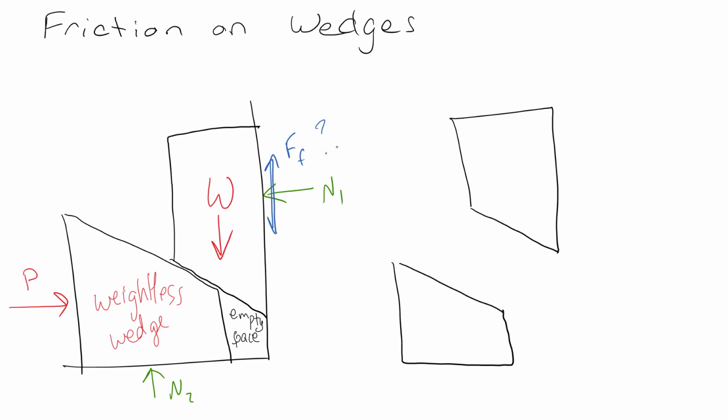I guess this one I could be pretty happy with the idea that this friction is going this way, because if I'm pushing it in, then clearly it's trying to come back out. So this is opposing the motion of getting pushed into the thing.